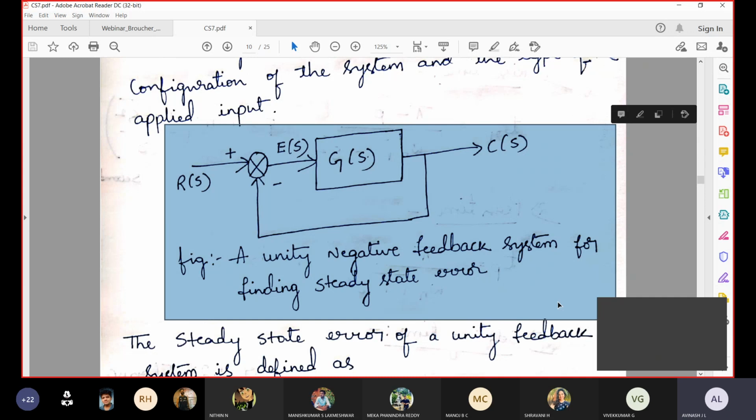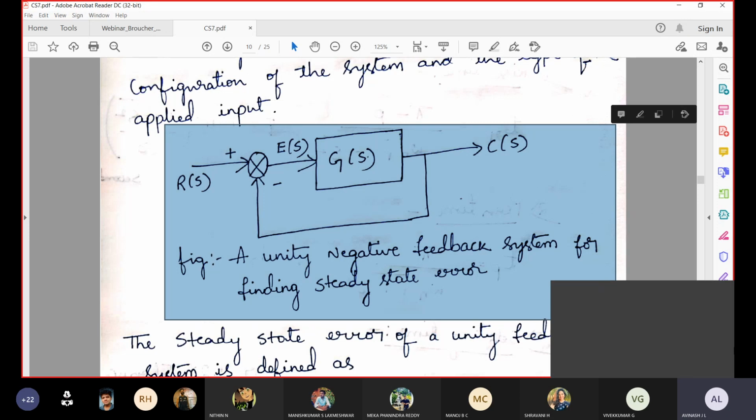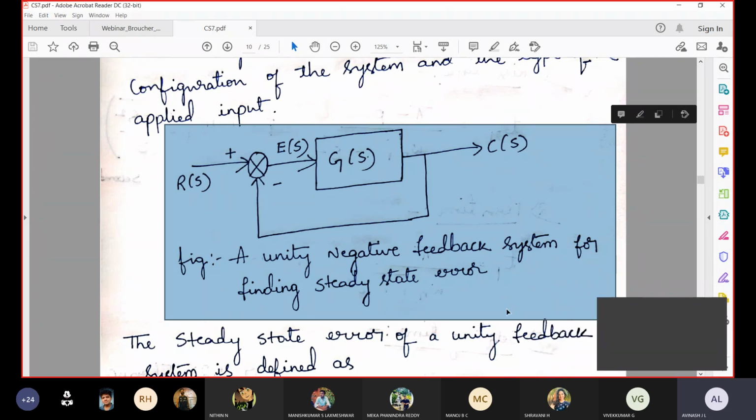It is a unity negative feedback system for finding the steady state error. We are going to use this particular diagram for finding the steady state error, nothing else.